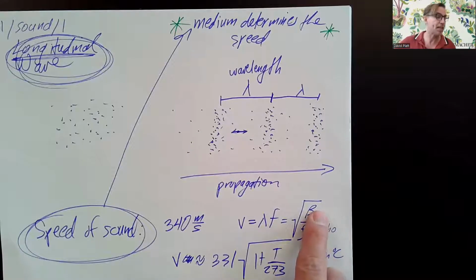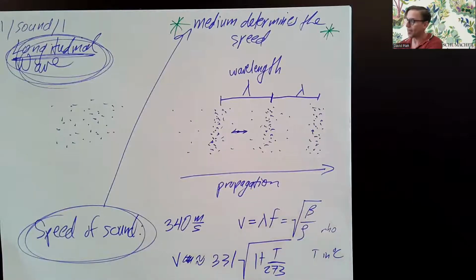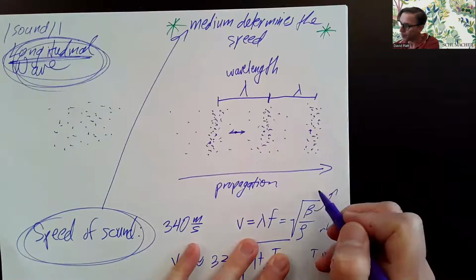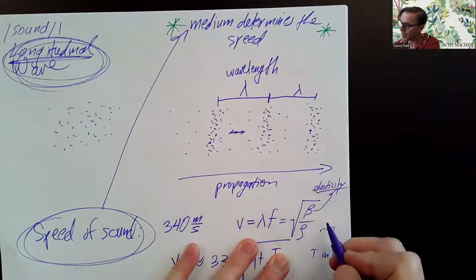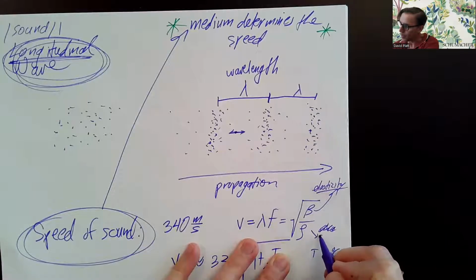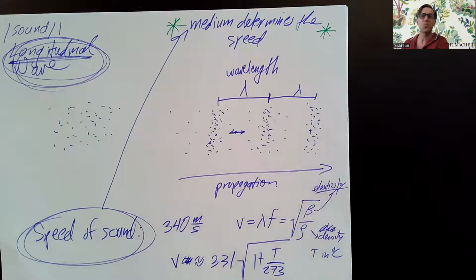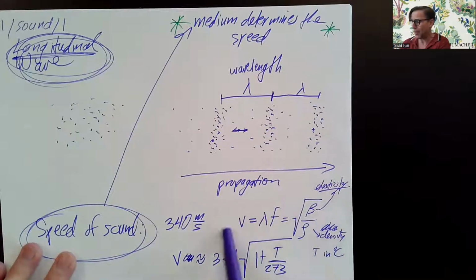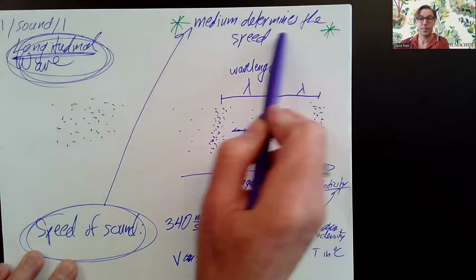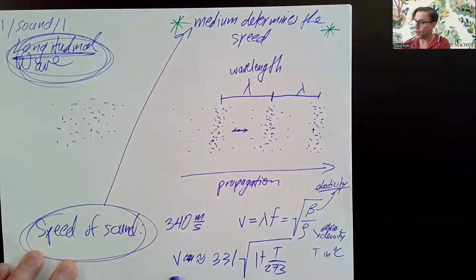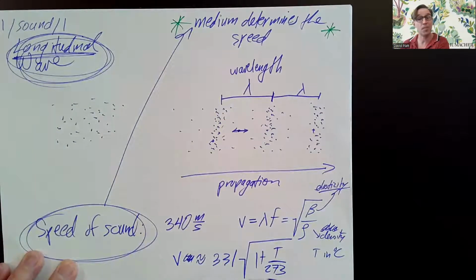But then there's also this beta, which has to do with elasticity, and rho has to do with density. The only thing you really need to know about this is that speed depends on the properties of the medium. And then there's this specific equation having to do with how the temperature of that medium affects the speed.